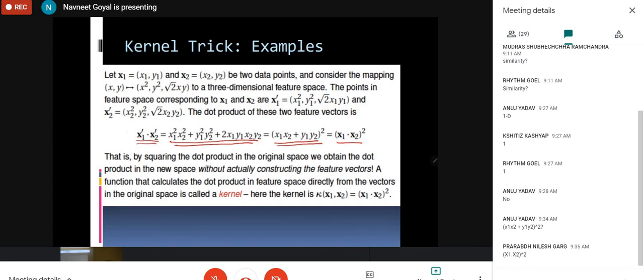This is phi x1 dot phi x2, which is equal to x1 dot x2 whole squared. So my kernel here is K(x1, x2) equal to x1 dot x2 whole squared. This is a special kind of kernel called the polynomial kernel.